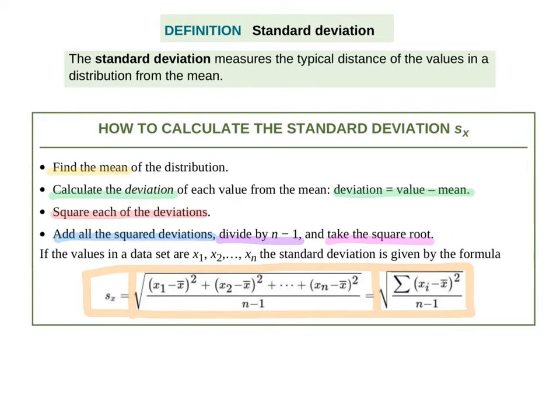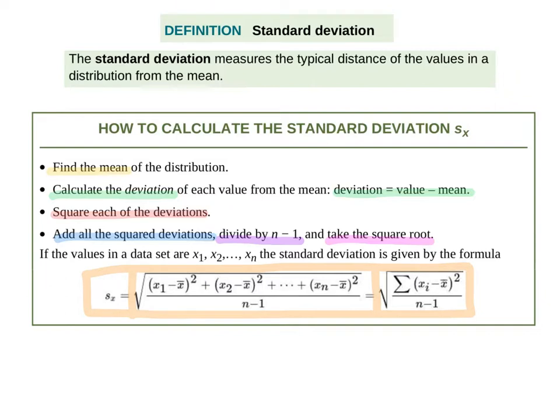And then with all of those individual deviations, you square each of them. You add up all of those squared values, you divide by n, the number of values that you have, minus 1, so you divide by 1 less than the number of values you have, and then you take the square root. And that, my friends, is how you calculate standard deviation.